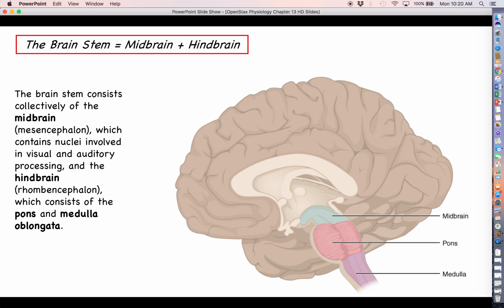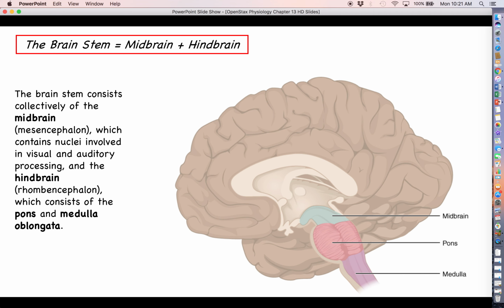So the brainstem consists of two structures called the midbrain and the hindbrain. The midbrain, which you can see highlighted here in this kind of blue color, is going to consist of structures that are going to be involved in some of the finer parts of processing both visual and auditory information and integrating it into the appropriate motor responses.